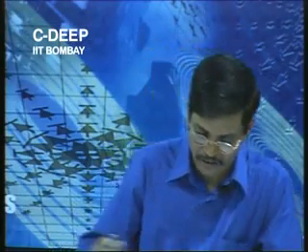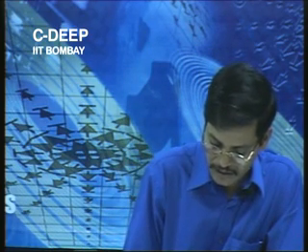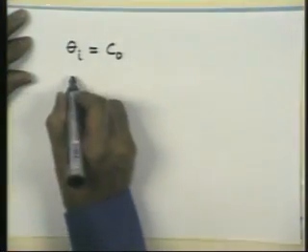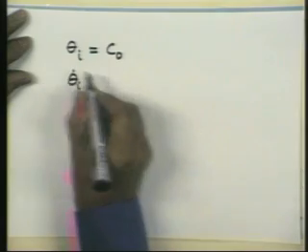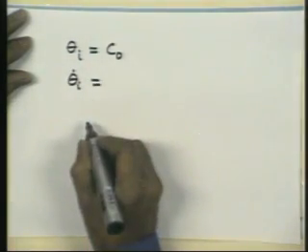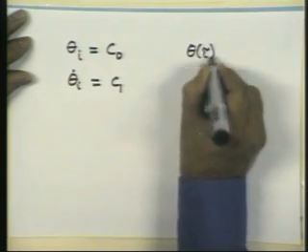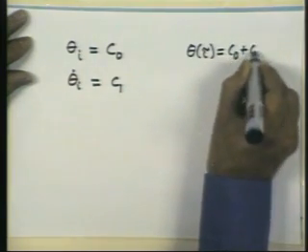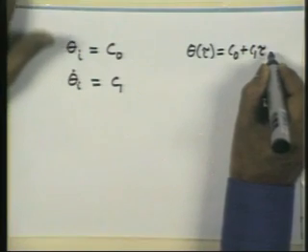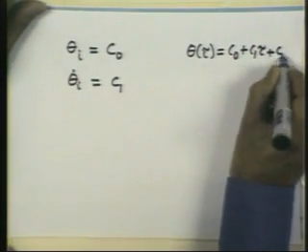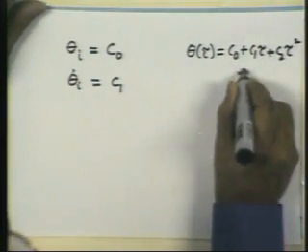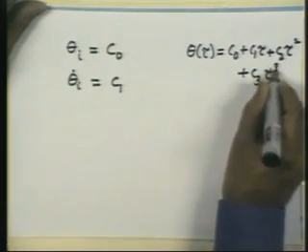So, if we look at the constraints, theta I comes out to be simply C0, and theta I dot will come out to be C1, because theta of tau is C0 plus C1 tau plus C2 tau squared plus C3 tau cube.